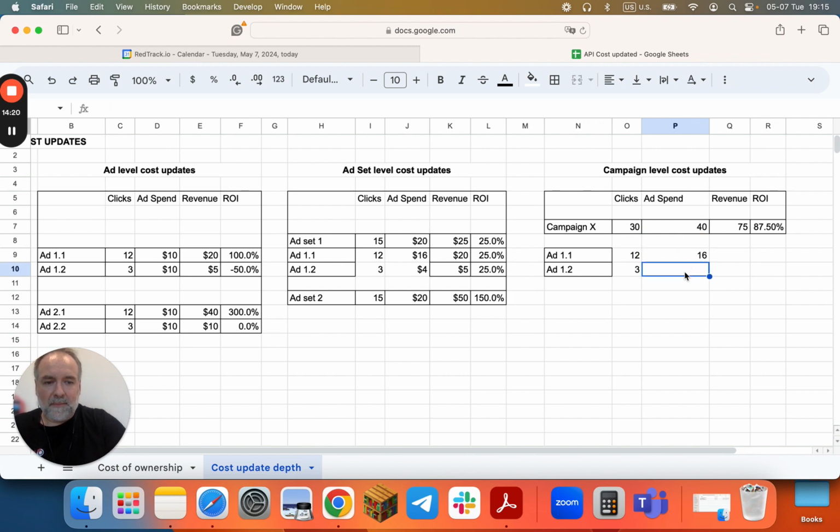And we do the same here: we take 40 divided by 30 and multiply by the number of clicks, 4. And then we take these ones. Revenue should be the same, 20. Well, I probably picked the wrong numbers because I took these costs even and clicks even, so it will not figure out. So that's a bad example.